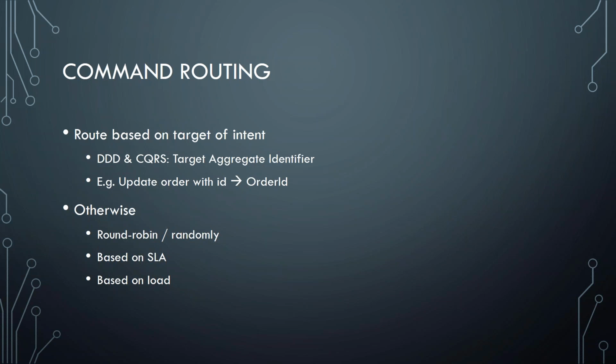Just put a simple load balancer in front and rotate the requests. You can even pick a random one. You can base it on SLAs. You can have the high-profile users sent to specific machines only, and the rest of us to other nodes, to ensure that you meet the SLA requirements of certain users with strict SLAs.